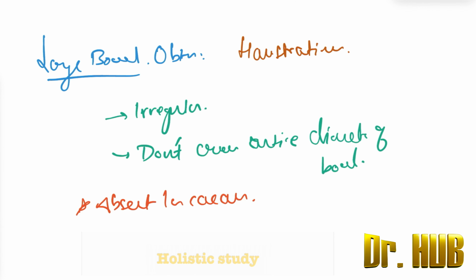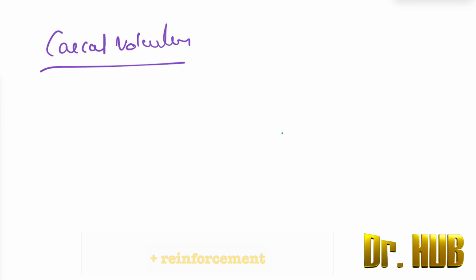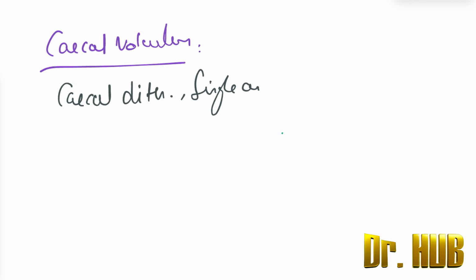Next we move on to cecal volvulus. In cecal volvulus, there is cecal dilation and a single air-fluid level, and it extends into the left upper quadrant.